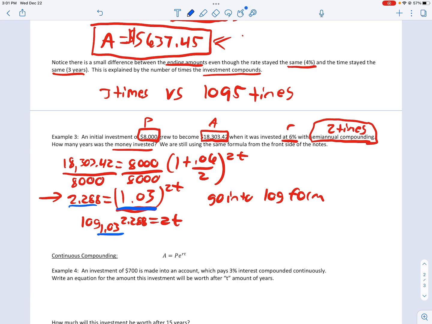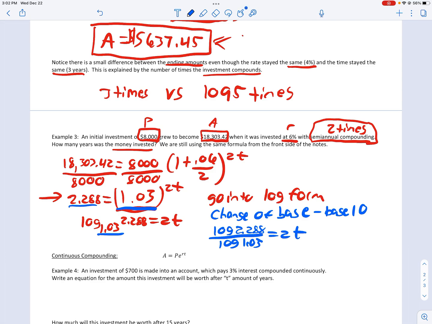Now from here, I can use my change of base theorem and change it to base 10. So log of 2.288 divided by log of 1.03 equals 2t. Why do I want to change it to base 10?